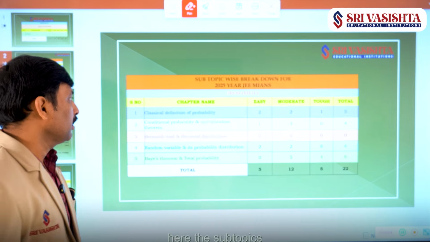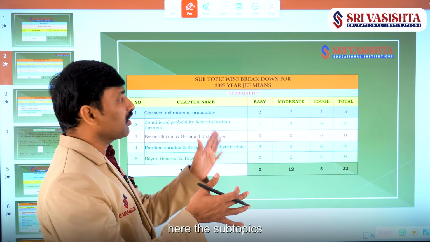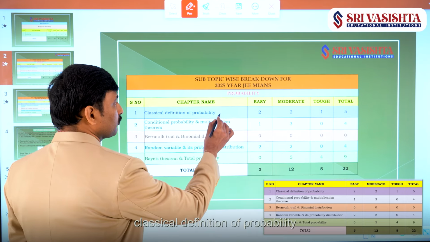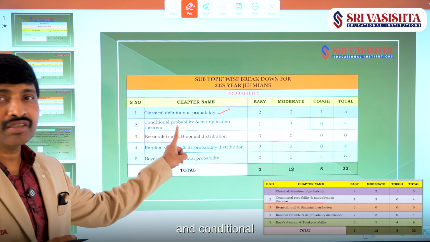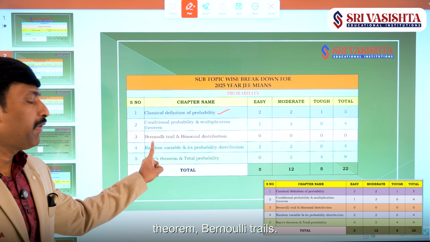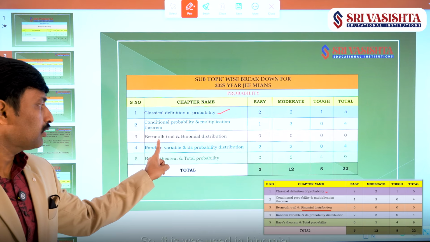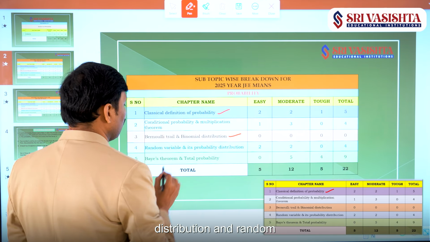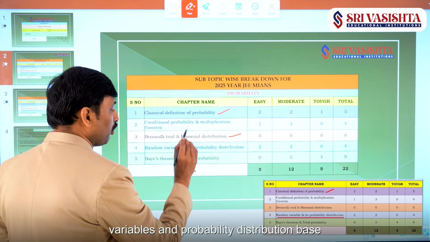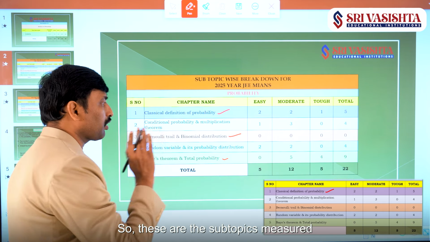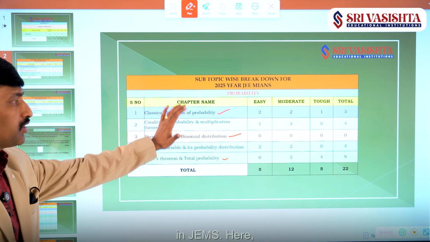The subtopics of probability are the classical definition of probability, conditional probability with the multiplication theorem, Bernoulli trials, which are used in binomial distribution, random variables and probability distribution, and Bayes theorem. These are the major subtopics in JEE Mains.